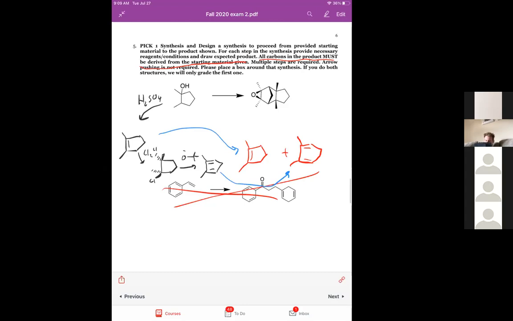After we do the Diels-Alder, this gives us the vast majority of our product. We just need to make an epoxide, so throwing in mCPBA can get you to your final answer.